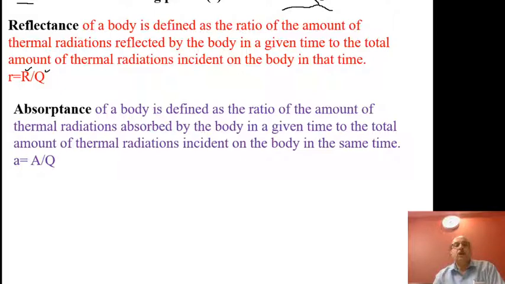So capital R is the radiation which is reflected, and Q is the total amount of thermal radiation. The ratio is represented by small r and it is called reflectance.